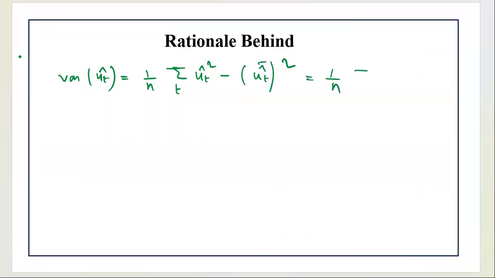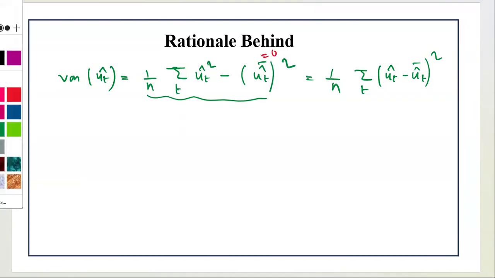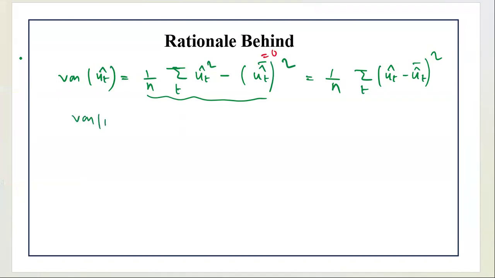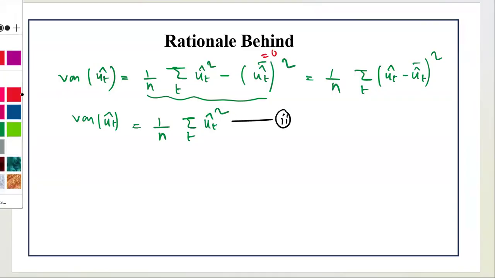Basically, I am expanding ut cap minus ut cap bar whole square. If you expand this, you will get this reduced term here. Again, this ut cap bar term is 0, so we'll be left with only the first term. So the variance of ut cap will be simply 1 by n summation of ut cap square. And this is the second relationship.